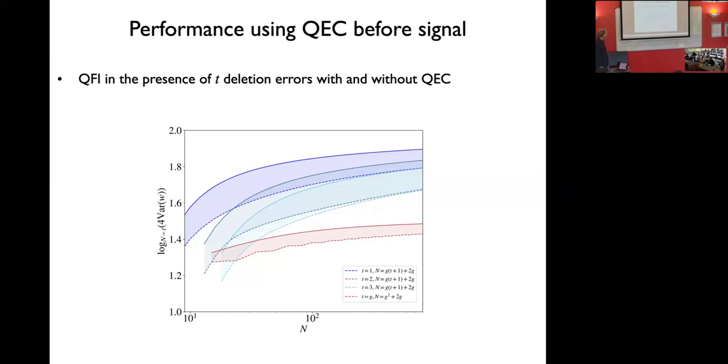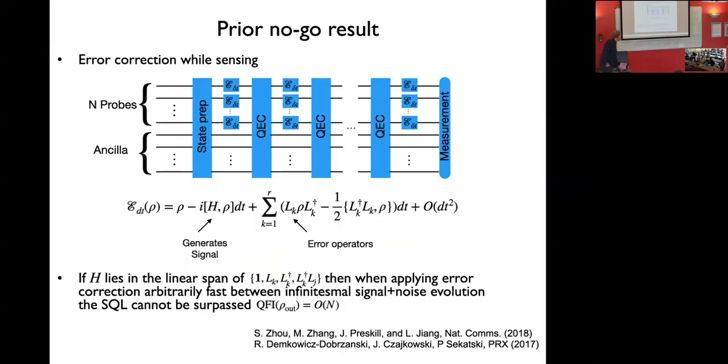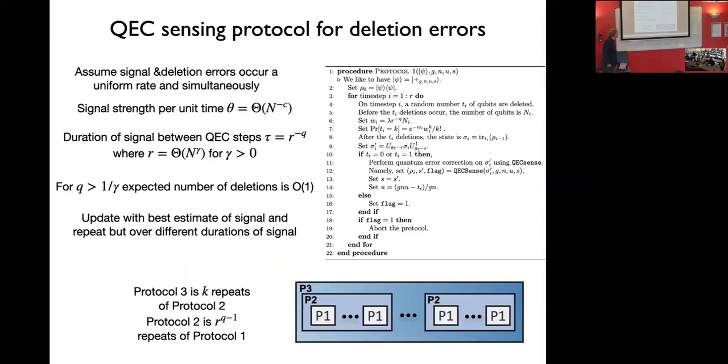And so it turns out if you use a nested protocol where you acquire some information about your signal, perform some error correction, update how you prepare the state, acquire some more information, and do further rounds of error correction, you can get improvements over just the shot noise limit, which approaches the Heisenberg limit, but doesn't quite reach there.